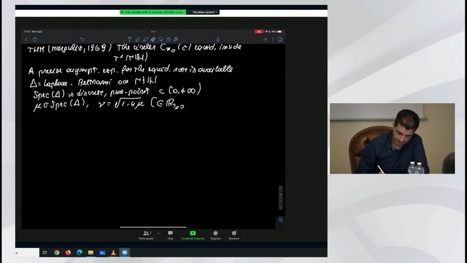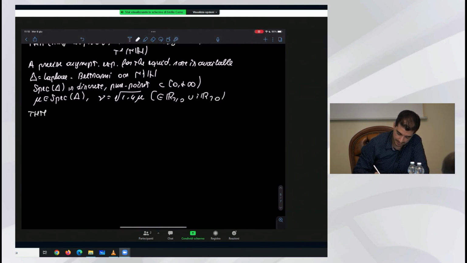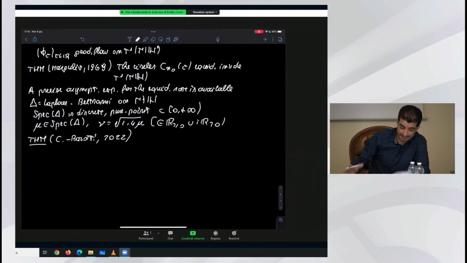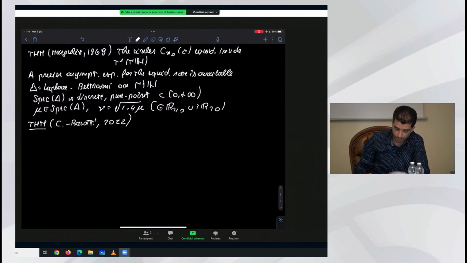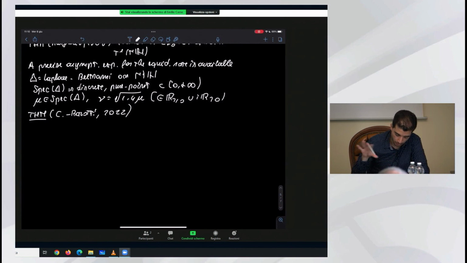And then the result is as follows. This is due to myself and Davide Ravotti this year. A precise asymptotic expansion for the rate of equidistribution. So let me choose, I don't want to get bogged down in regularity questions, so let me directly choose some C infinity function, but it holds under much weaker regularity assumptions on the test function.